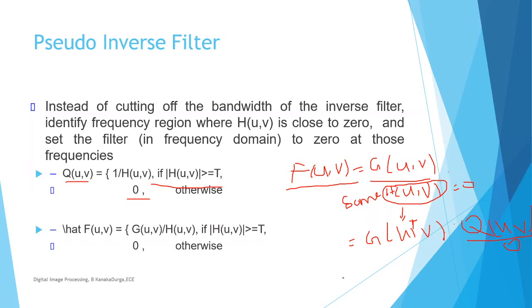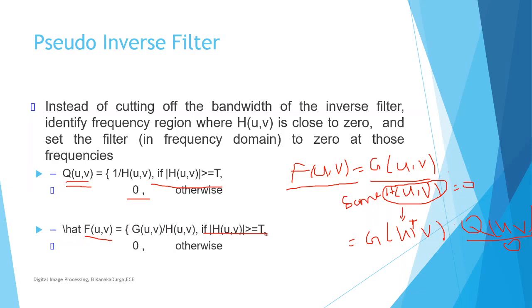And the same scenario we can consider directly, as we have discussed with respect to the representation of Q(u,v). If you want to represent it with respect to F(u,v), this is the scenario. F(u,v) is equal to G(u,v) divided by H(u,v), where the condition is the same.